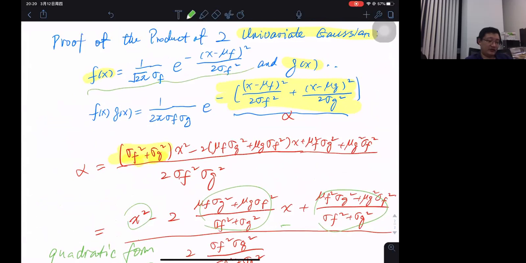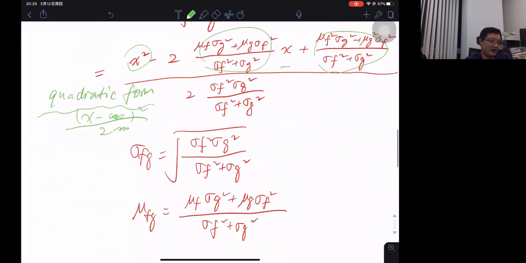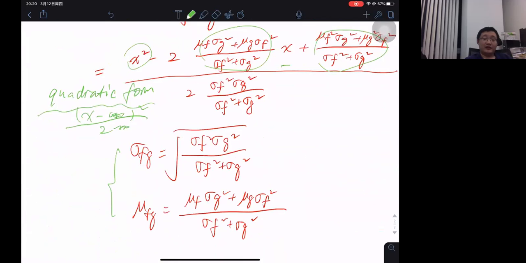Comparing the original distribution with this form, we can say that for the product of these two Gaussians, the sigma and the mu will be quite close to this one, but there's a slight difference with the sigma factor. With a complete proof, next step, we will estimate the error between this sigma and mu and the real sigma and mu. This is just a summation of sigma and mu.